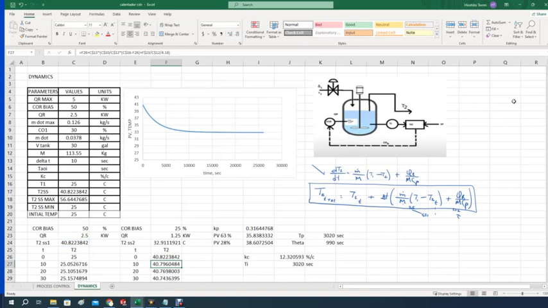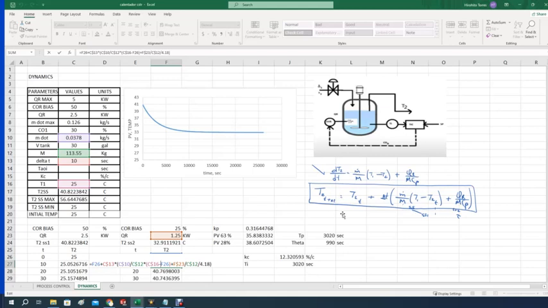The important thing is that when you run your dynamics at 10 seconds, check out what this value is. It is basically the dynamics in this form, the Euler form, which is going to be the temperature above, that's the steady state value, that 40.82 something, the delta TC13 that's coming from here.